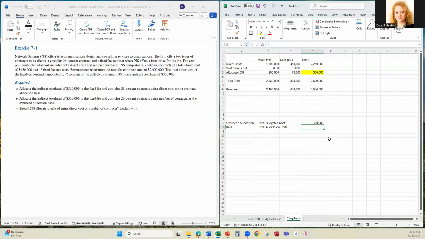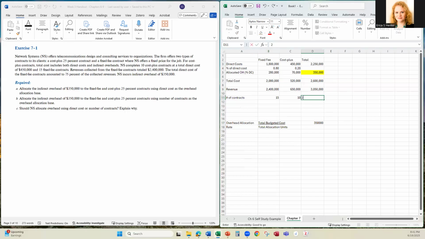Okay, so looking at this, I'm just going to label this percentage of direct cost here, right? Okay, so we had 10 cost plus contracts here and 15 fixed fee contracts.